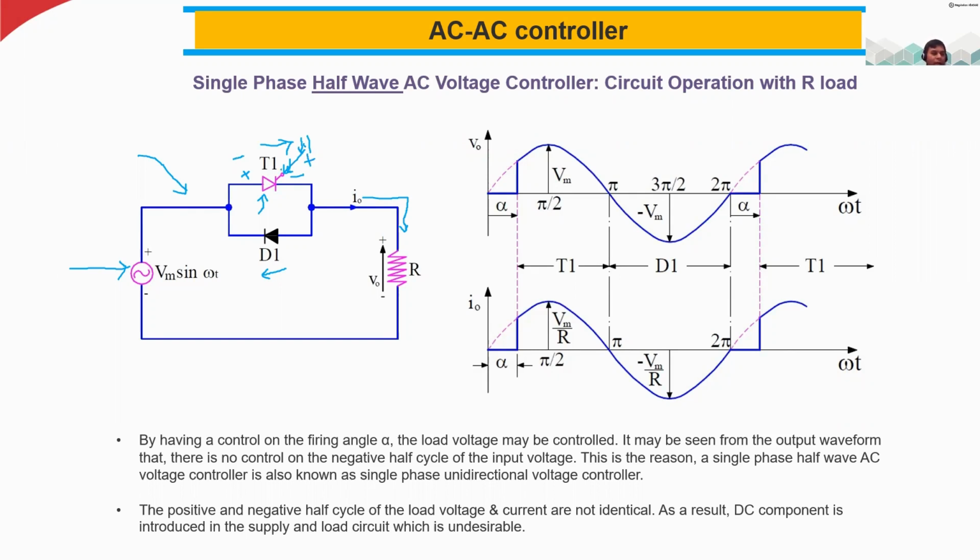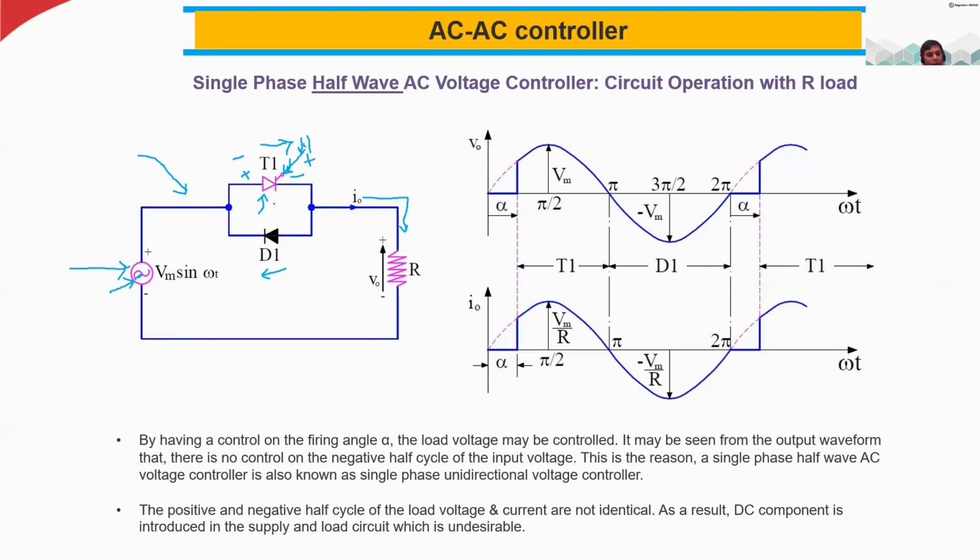Right now, let us assume this one is in the forward conduction mode. It means I apply the correct voltage here, positive and negative, and I also apply the gate voltage. So now this is conducting. This is happening during the positive half cycle of the input voltage. The input voltage is sinusoidal, so here you can see the input voltage. During the positive half cycle, this will be plus and this will be minus, then this is conducting, no problem.